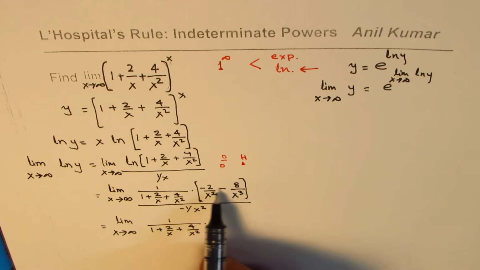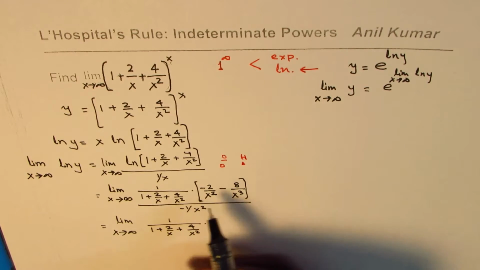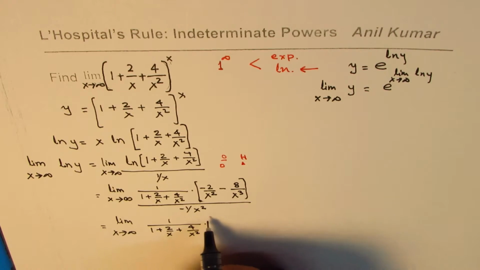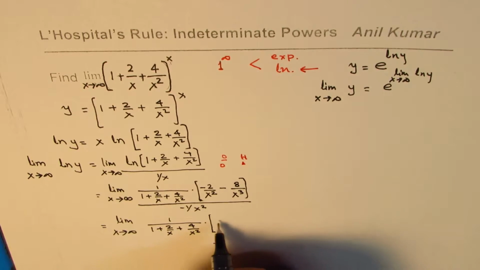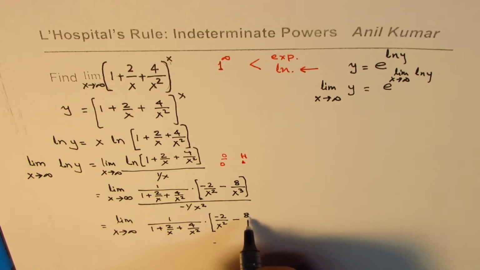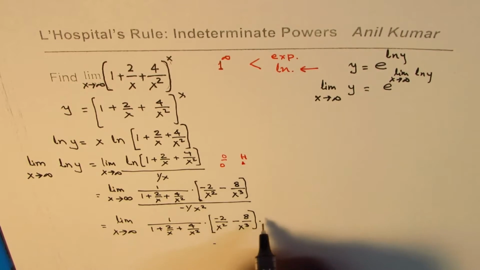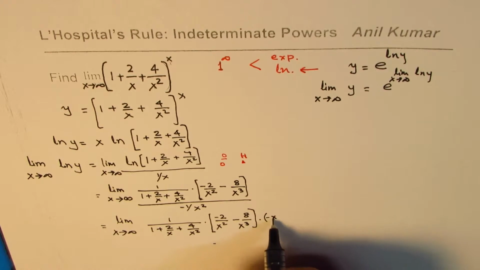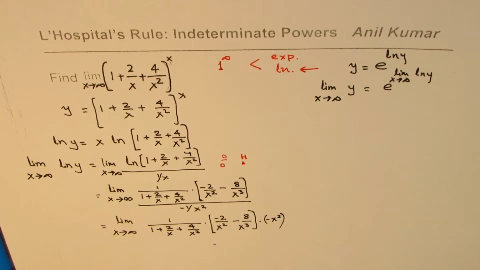Minus and minus will become positive, so let me take minus. What we have here is minus 2 over x squared minus 8 over x cubed, times minus x squared. Is it okay? Like this.